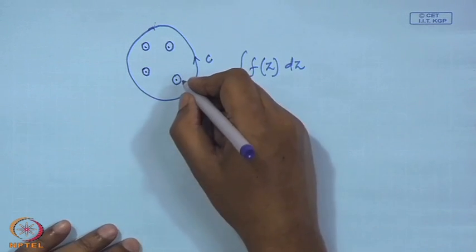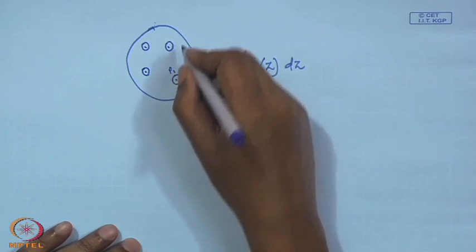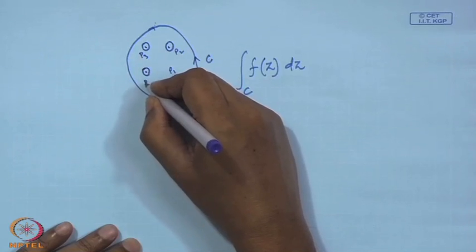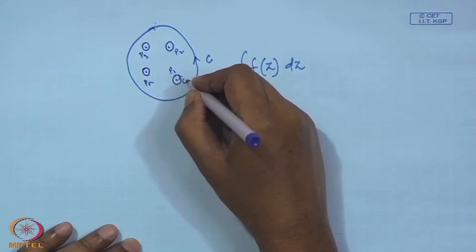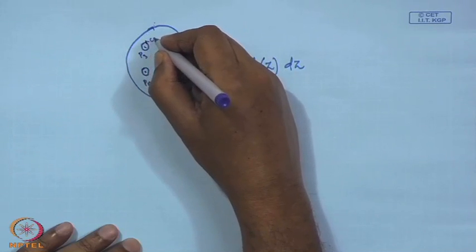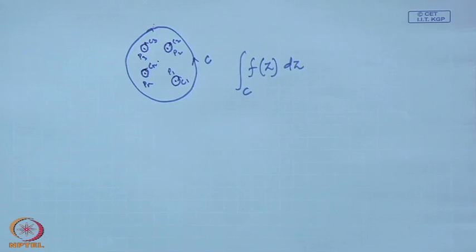Say these points are P 1, P 2, P 3, so on, P n, and we call these curves C 1, C 2, C 3, C n.